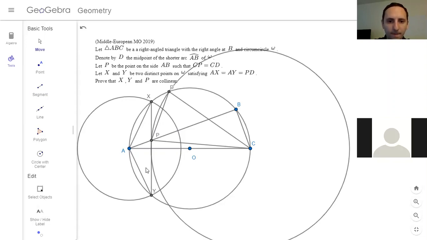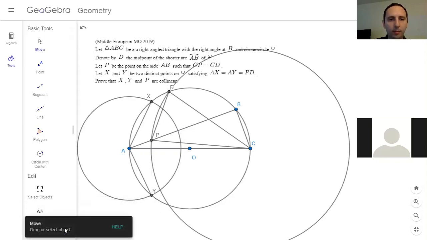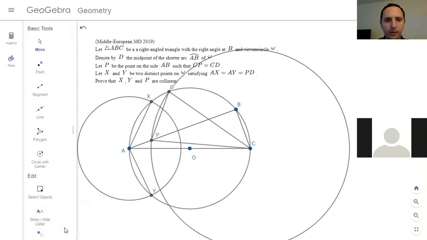We don't know yet that these are collinear, but let's see. So PA times PB. How do we get PA squared minus PD squared? I'm just thinking.